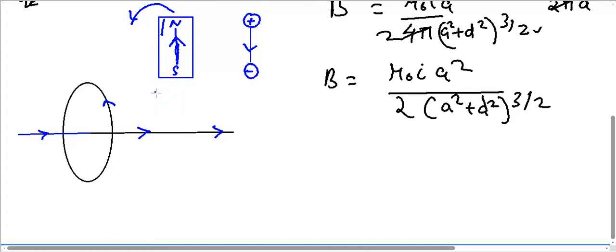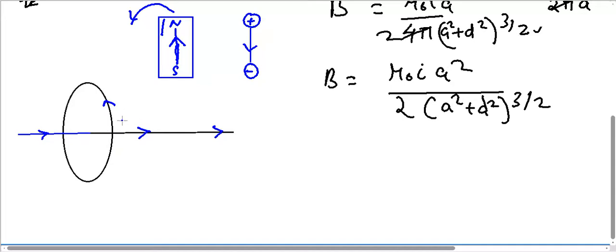So here the circular wire is actually acting as if it is a dipole.